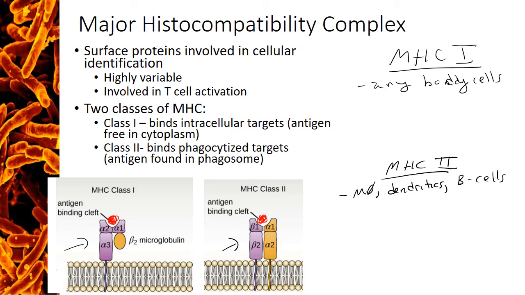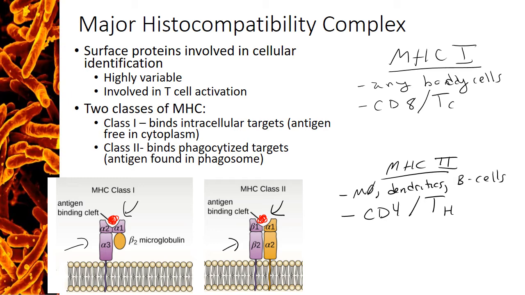When MHC1 presents antigen, so when it puts antigen out on its surface like this, it's going to interact with CD8, which are also called cytotoxic T cells. As opposed to MHC2 molecules, when they're presenting antigen, they're going to present antigen to the CD4 or the helper T cells. And that matters because the type of antigen they are presenting is different.